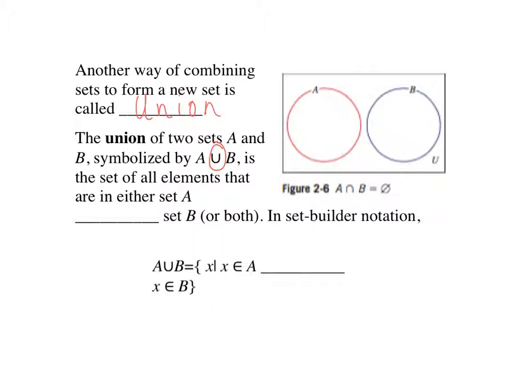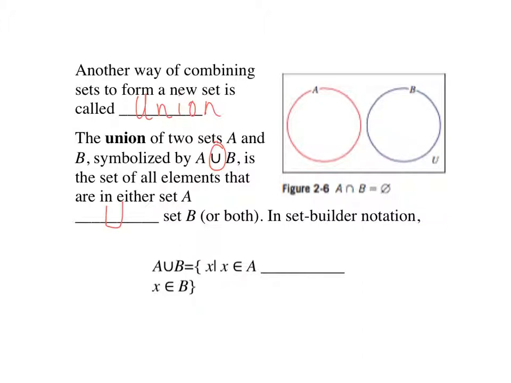And so we say that the union of two sets A and B, symbolized by A union B, is the set of all elements that are either in set A or in set B, or both.